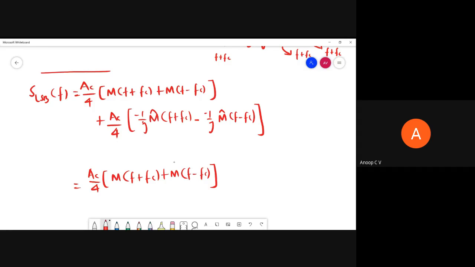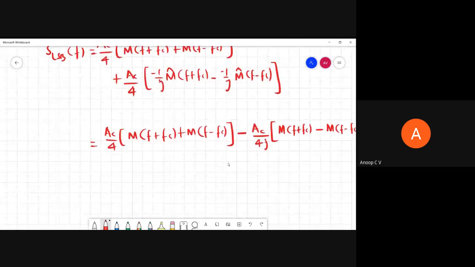If I take this minus 1 by j outside, it will become minus AC by 4j times m of f plus fc minus m of f minus fc. So this is what we are getting.